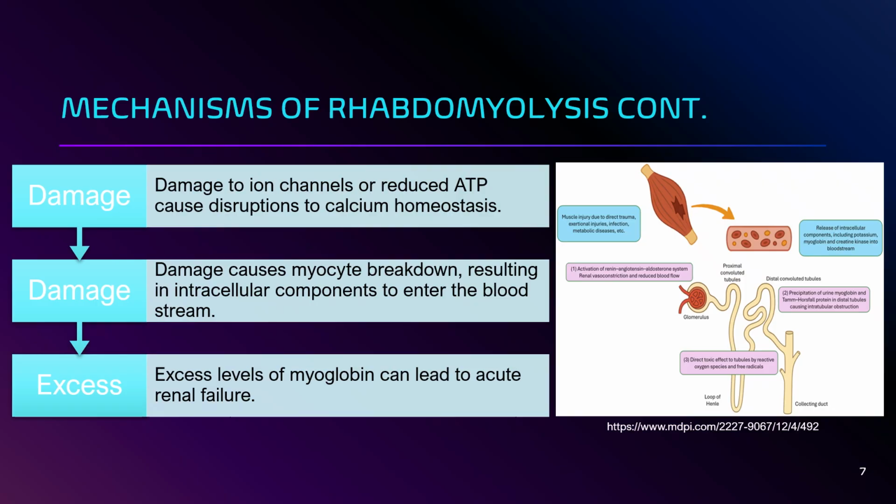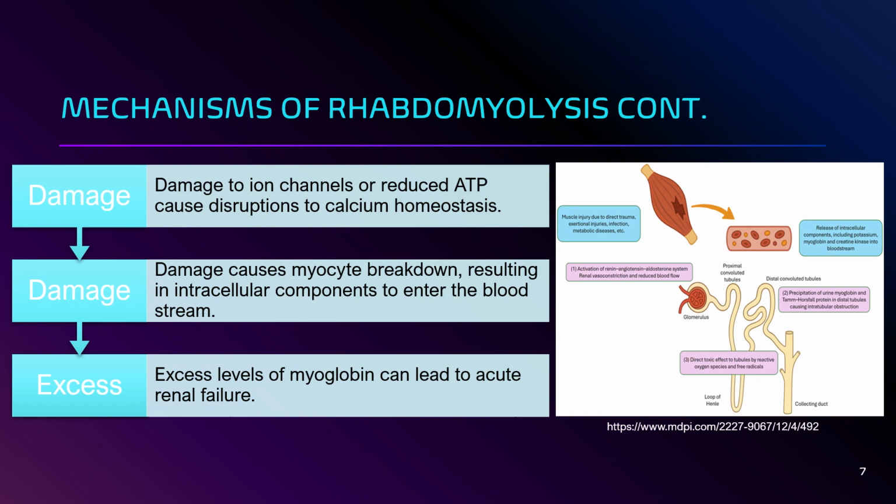Damage to ion channels or reduced ATP disrupts electrolyte balance in muscle cells. Disruption of calcium homeostasis resulting from changes in intracellular sodium levels can activate proteases and phospholipases. This process results in the breakdown of proteins that make up the contractile apparatus, cell membrane, and cytoskeleton.